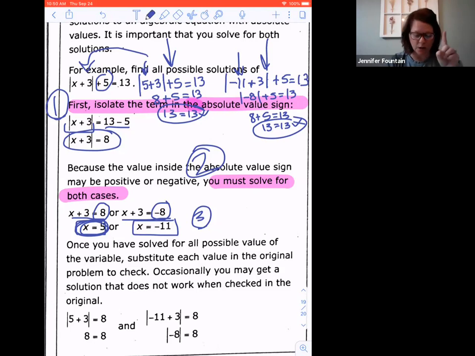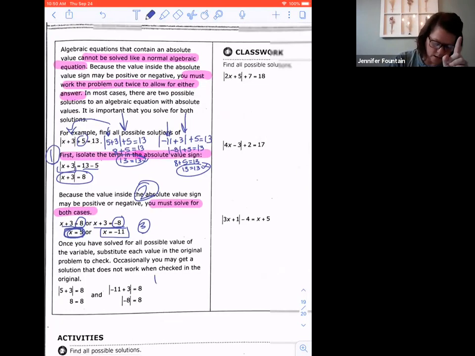So again, let's go through our steps. Step 1, isolate absolute value.